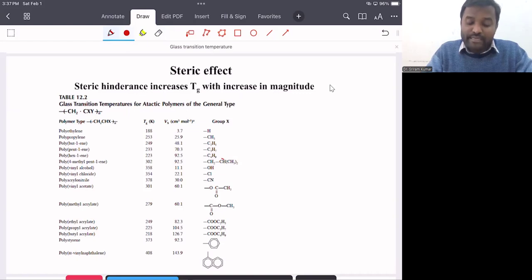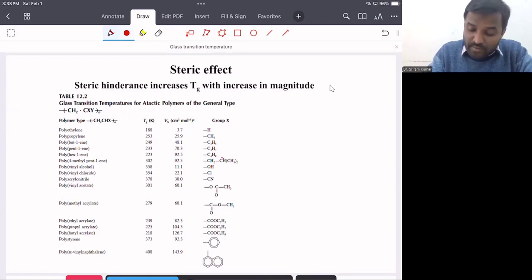Now let's understand the steric effect on the Tg value. For example, let's think about the effect of steric hindrance. Suppose we have CH2 double bond CH and X, and if that polymerizes, we have CH2, CH and X in a polymer.